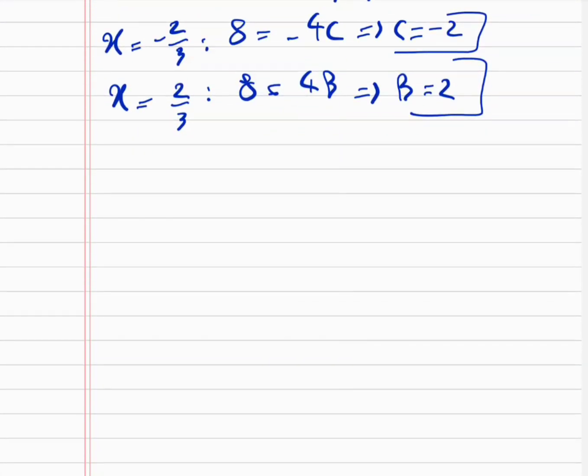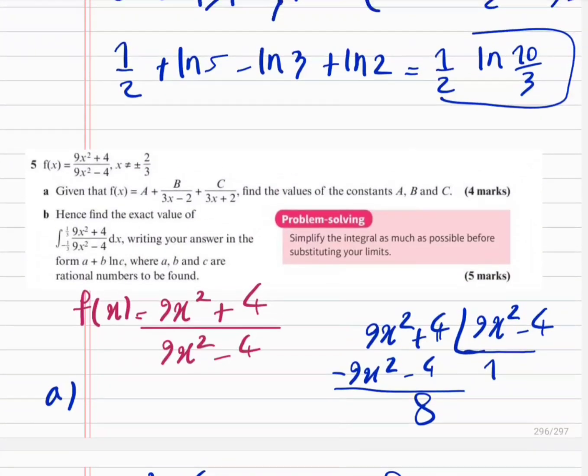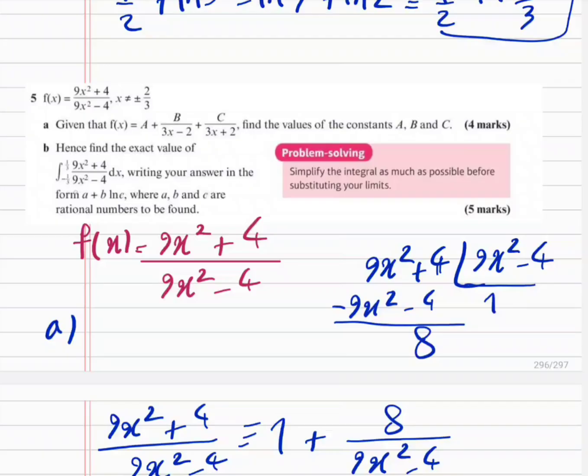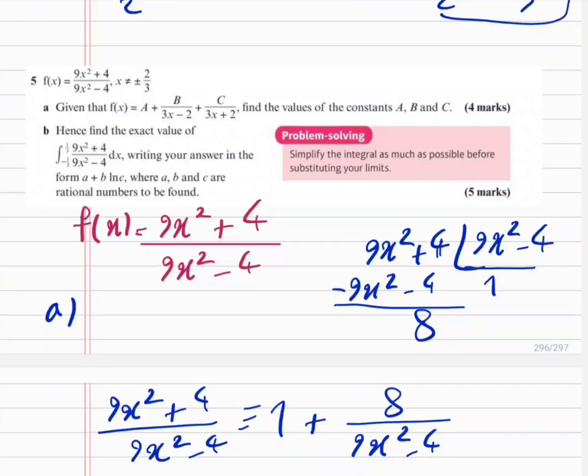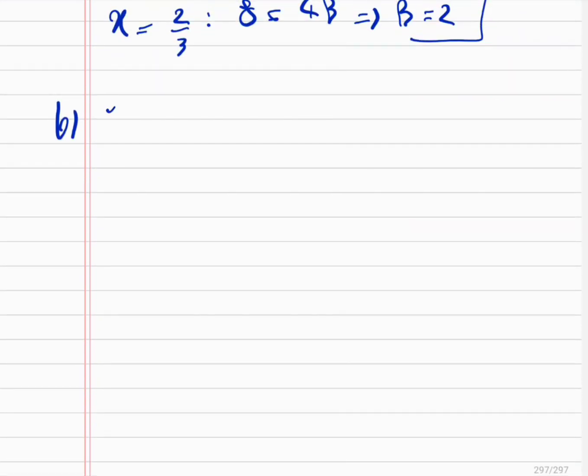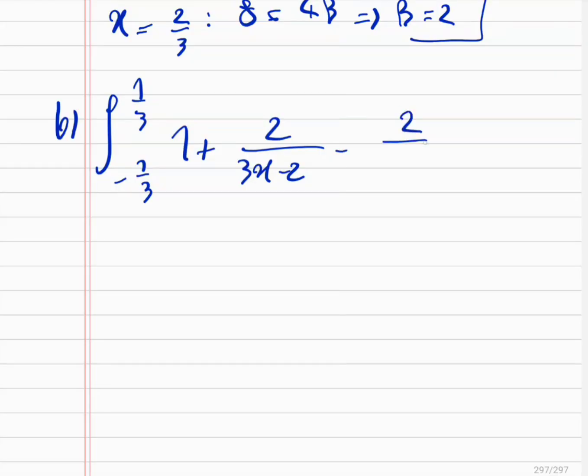So the integral between minus 1 over 3 and 1 over 3 becomes 1 plus 2 over 3x minus 2 minus 2 over 3x plus 2 dx.